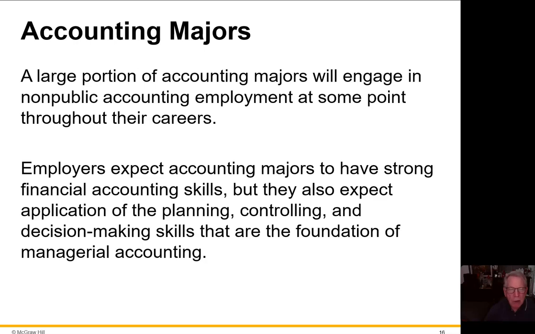Employers expect accounting majors to have strong financial accounting skills, but they also expect that we can apply planning, controlling, and decision-making skills that are the foundation of managerial accounting. I had an accounting chair mention to me that managerial accounting really isn't accounting. It's more finance than it is accounting. Some truth to that.